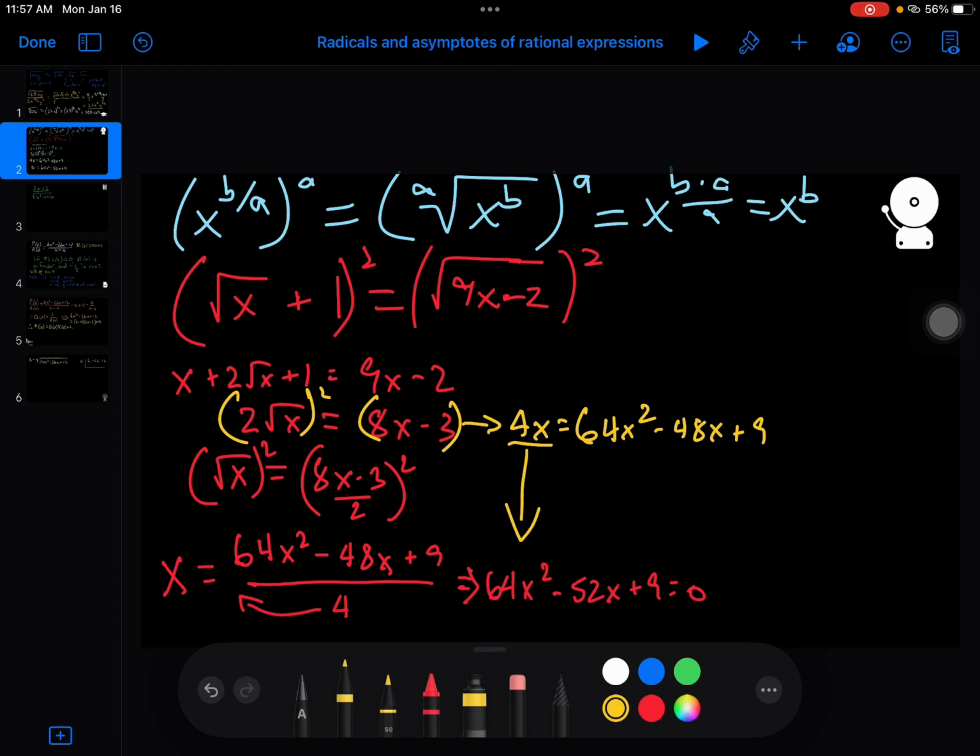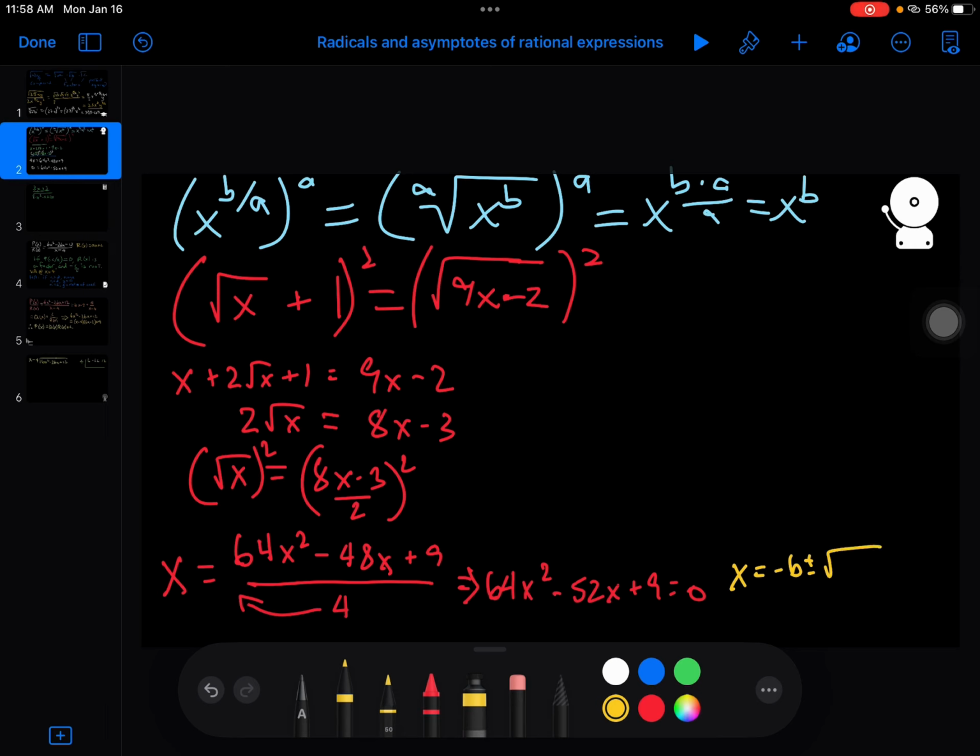It's going to end up back to the same thing as that. Either way you get there, that's fine. And so you could plug that into the quadratic formula. Remember, the quadratic formula is x is equal to negative b plus or minus the square root of b squared minus 4ac all over 2a.